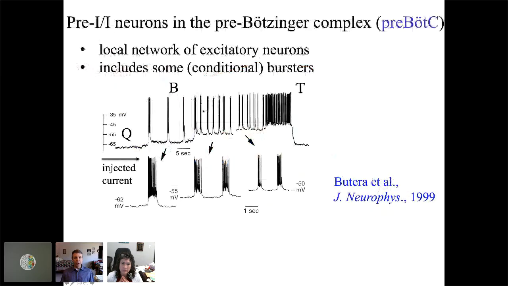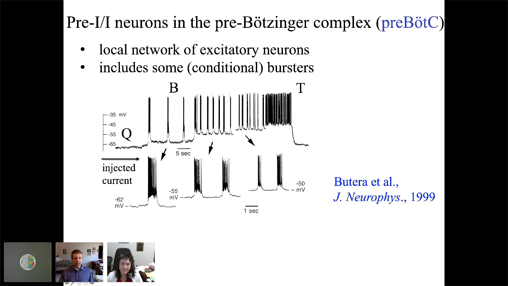Okay, so these neurons are quite interesting and have been the attention of a lot of mathematical studies. The classic model in this area was developed by Butera, Smith, and Rinzel in the late 90s. And as Carmen also mentioned, this is a square wave bursting model.